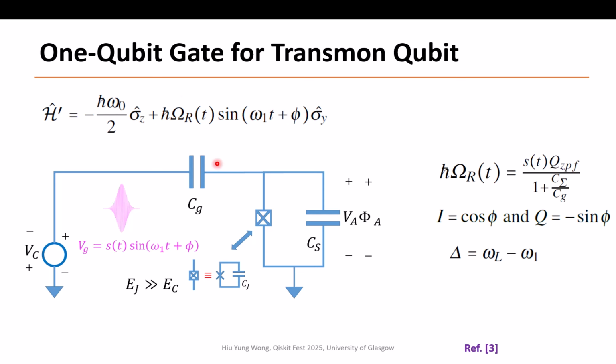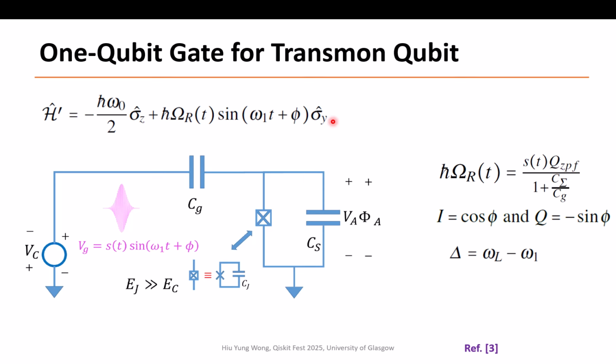end up with this Hamiltonian for the qubit, right? Again, we just take it for granted because we did not derive it. It's derived in my book. But basically, you see that it has two terms. One is the Pauli operator sigma Z. One is the Pauli operator sigma Y. If you have learned this before, these operators rotate the qubit about the z-axis of the Bloch sphere and about the y-axis of the Bloch sphere.